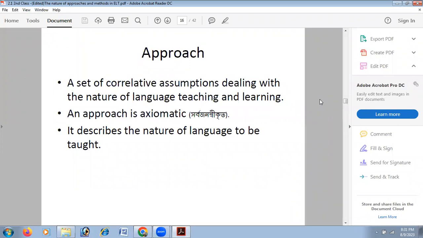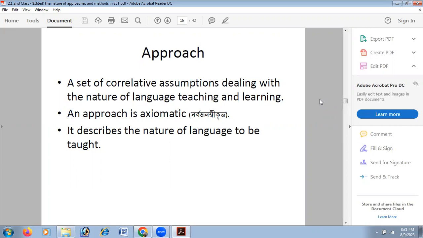So approach is the theoretical underpinning of language learning, and it is admitted by everyone. That means we learn language by listening. That is how approach can be defined.